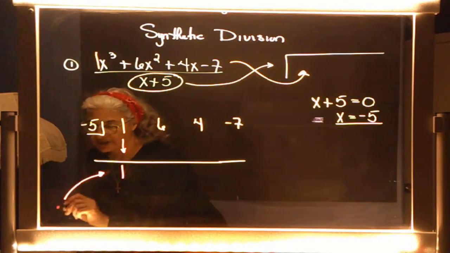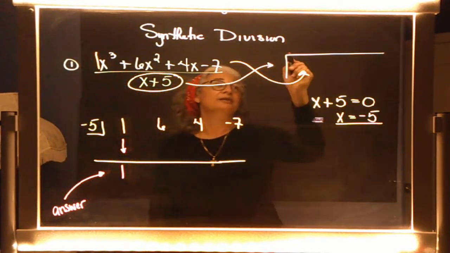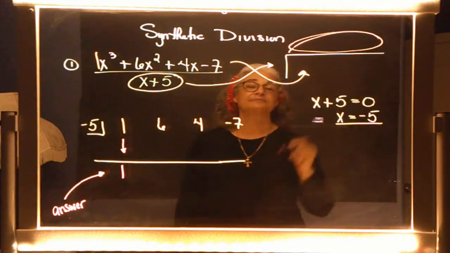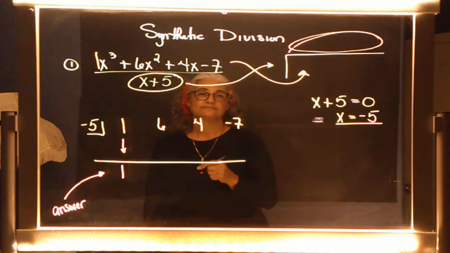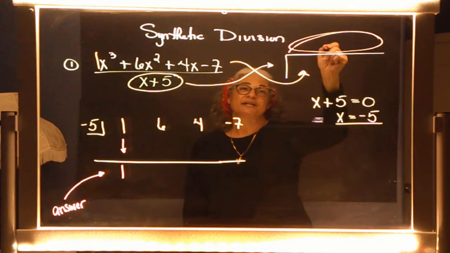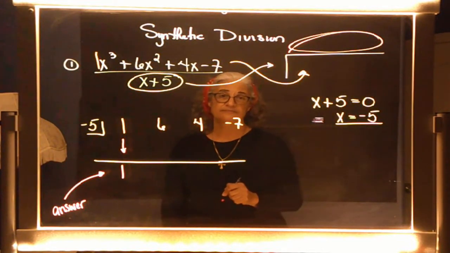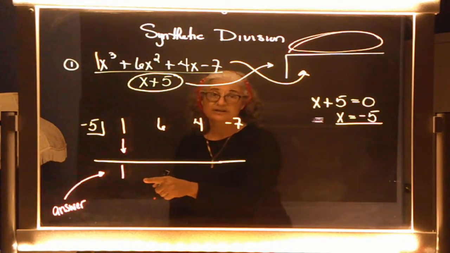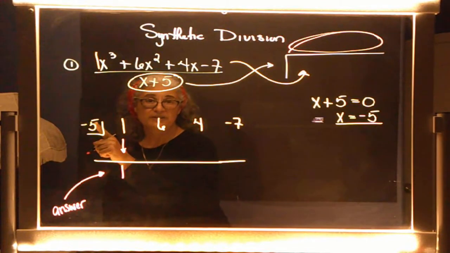This area is your answer spot, which is the same thing that was up here, right? So, remember with long division, once you put a number on the answer spot, you multiplied by what was on the outside, didn't you? This is the same thing. When I put a number in the answer spot, I'm going to multiply by what's on the outside.